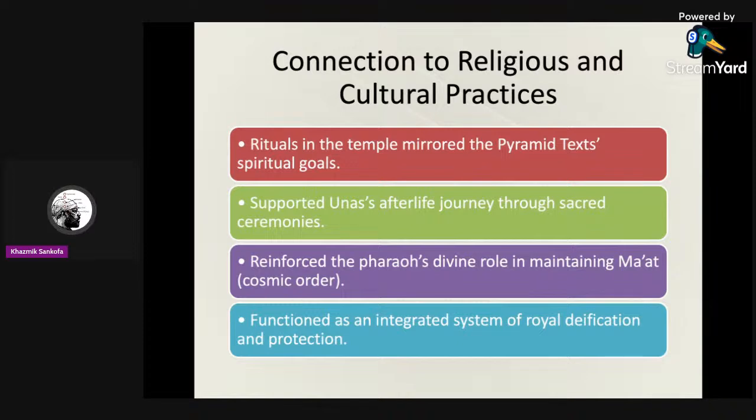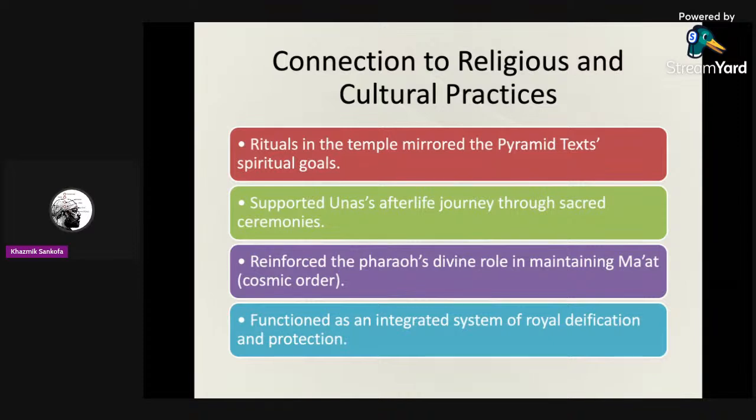The rituals that were performed inside the temples were just like the pyramid texts. There are several different theories on what it was for, but by and large, it was to support the afterlife journey or the mystical journey of the initiate through sacred ceremony.